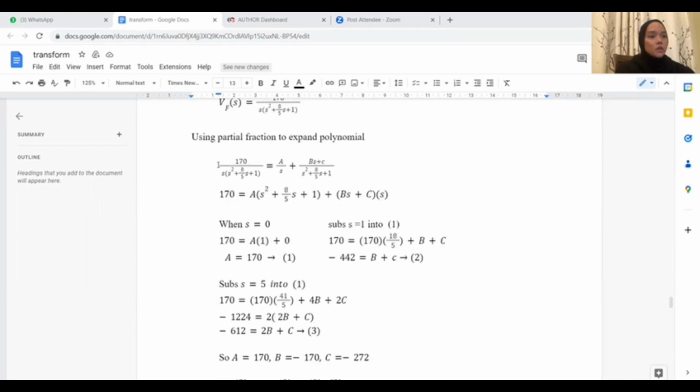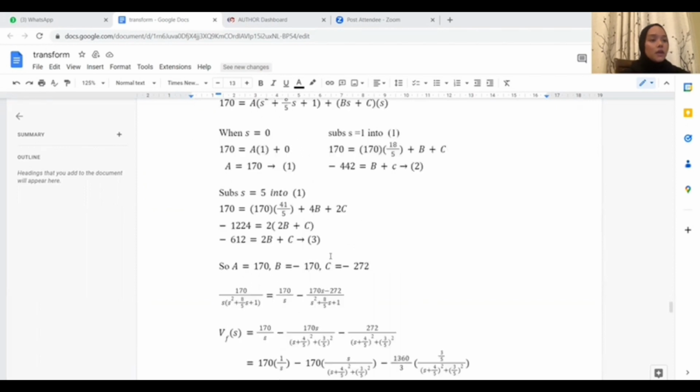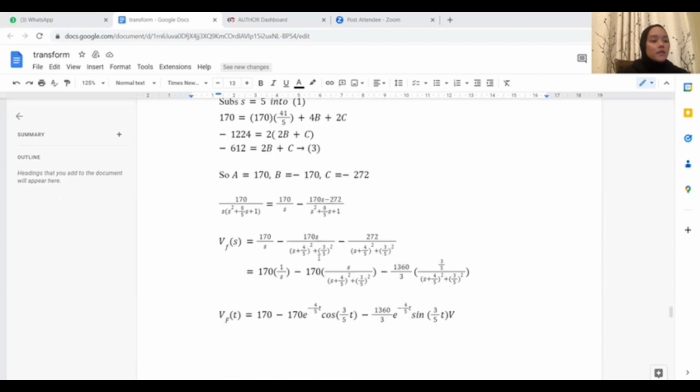So for the last step, we use partial fraction to expand the polynomial. This is the fraction, and then we need to find the values of A, B, and C. In order to get those values, we substitute s equals 0, s equals 1, and s equals 5. Therefore, we get A equals 170, B equals negative 170, and C equals negative 272.